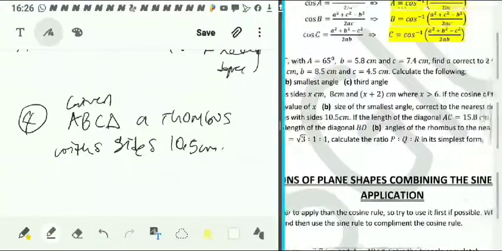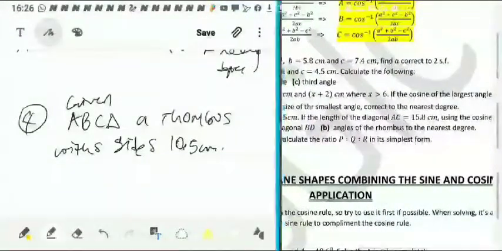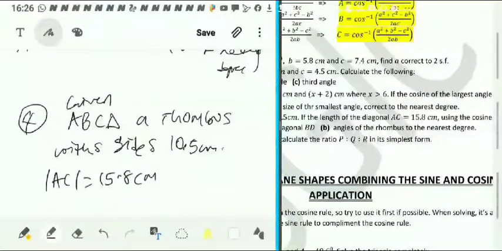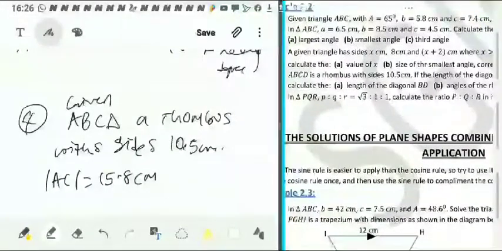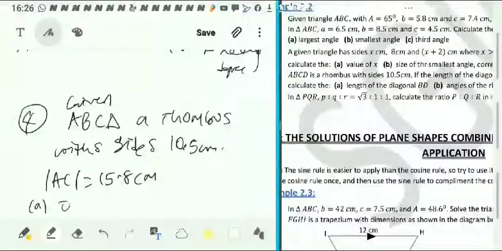If the length of the diagonal AC is 15.8 cm, using the cosine formula, calculate the length of the diagonal BD.